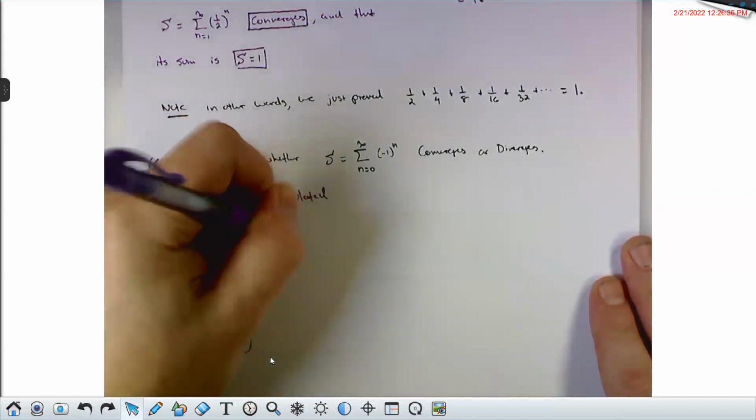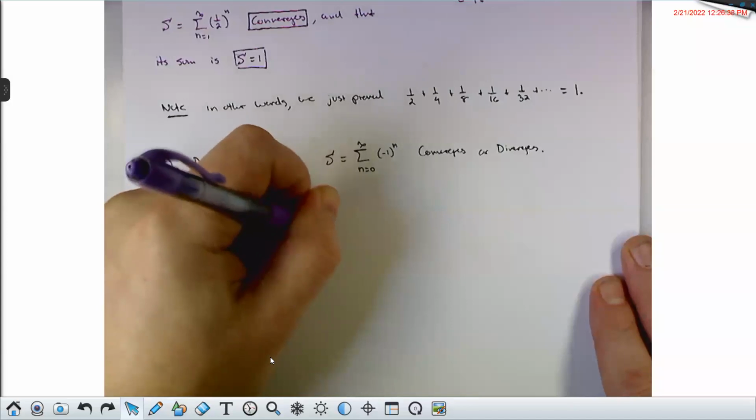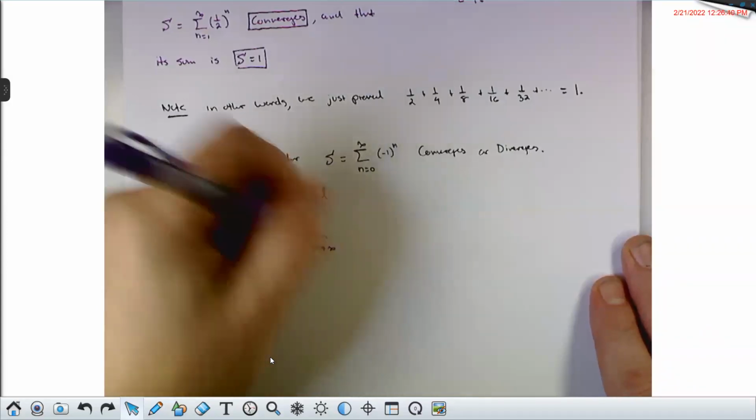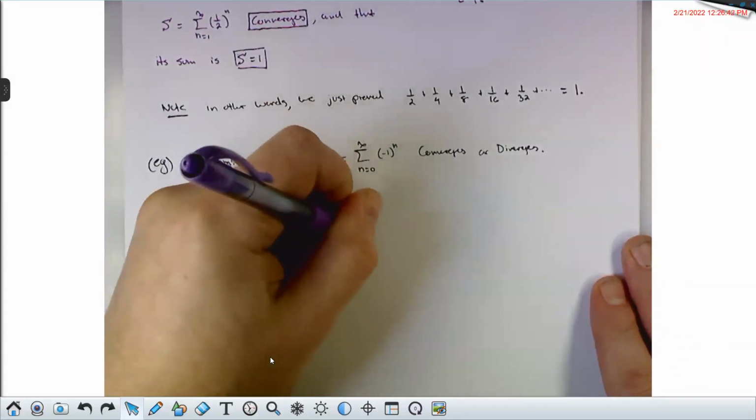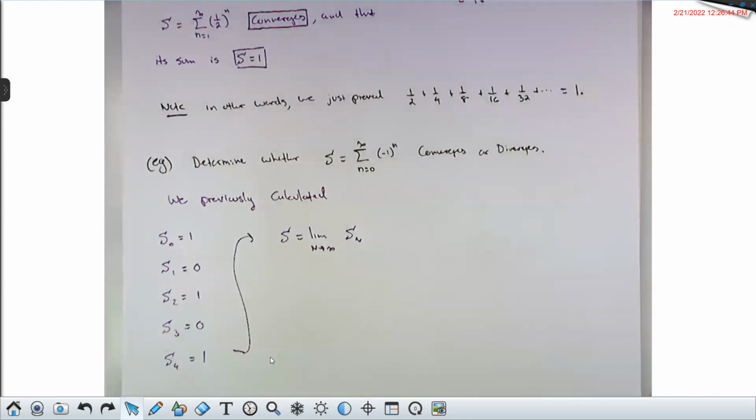So S equals the limit of Sn. Remember, this is what we need, right? The full infinite series is the limit as capital N goes to infinity of Sn. And I claim that you can tell me this limit even without a nice formula for Sn, just based on the first few things here.